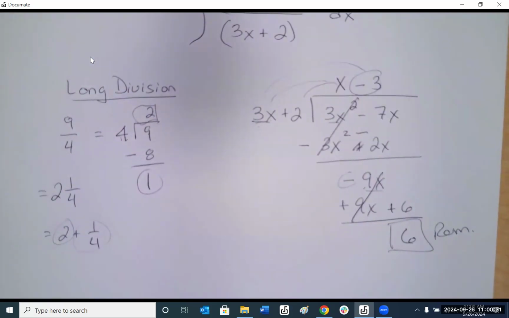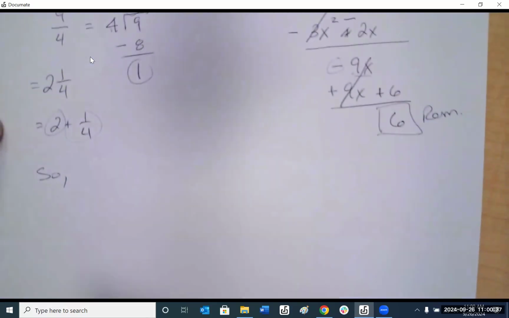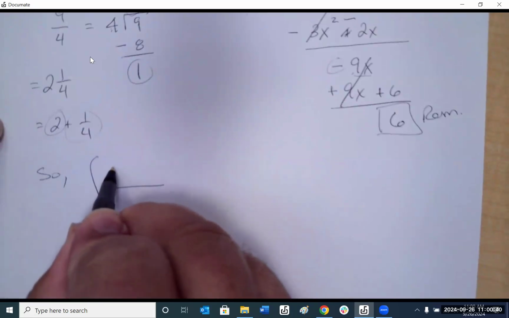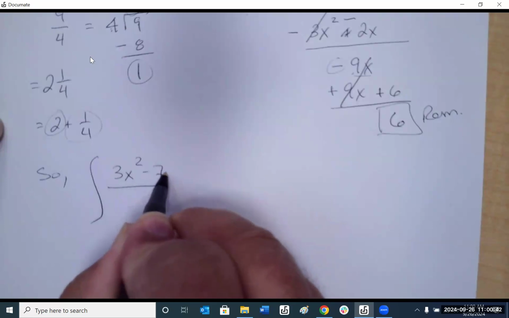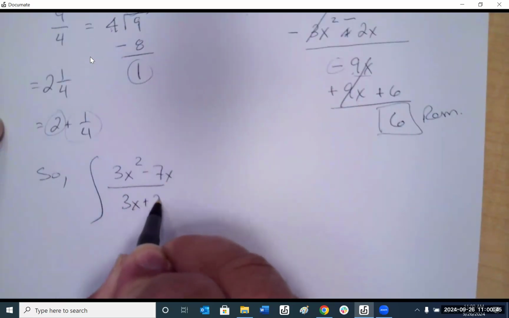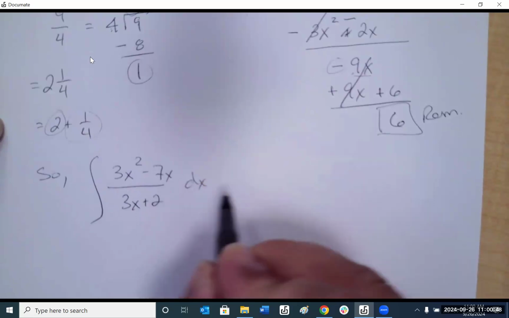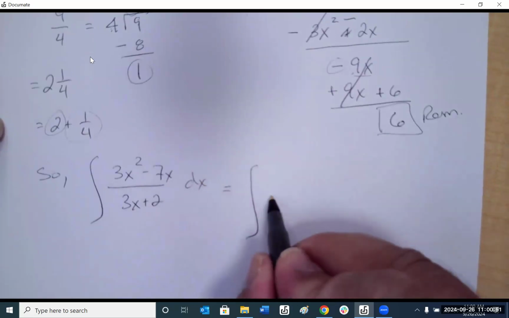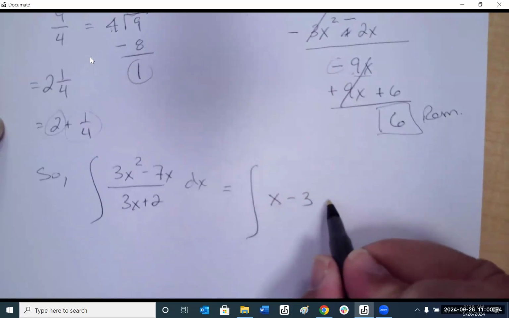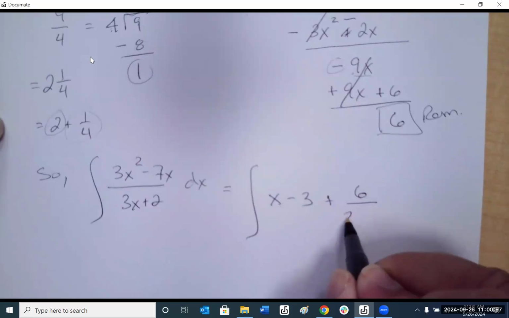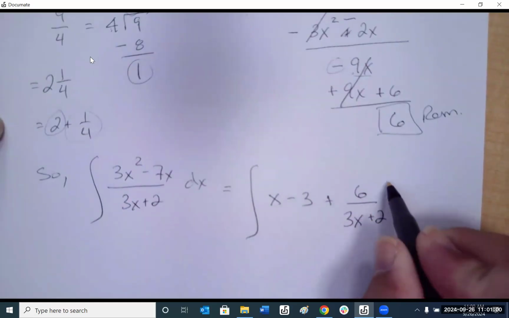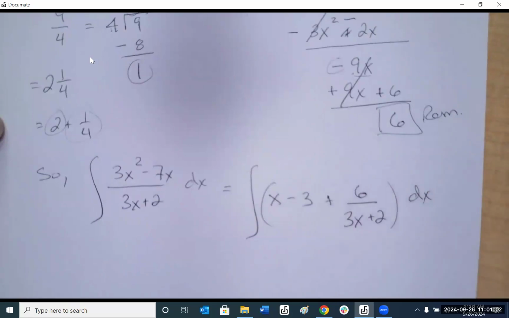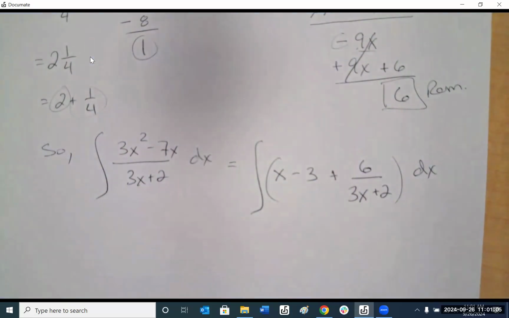Everybody okay so far? So our equation can be rewritten as the indefinite integral of x minus 3 plus 6 over 3x plus 2 dx.